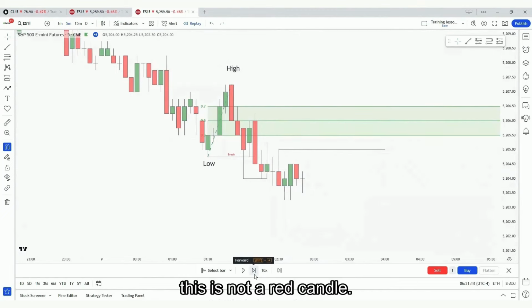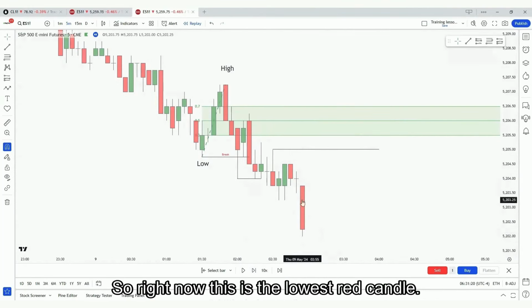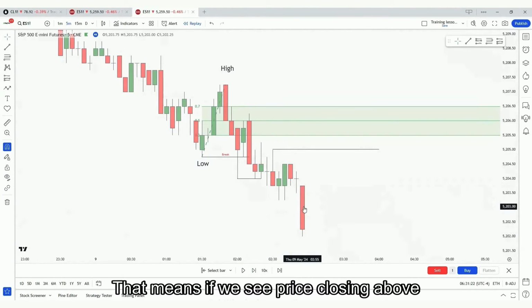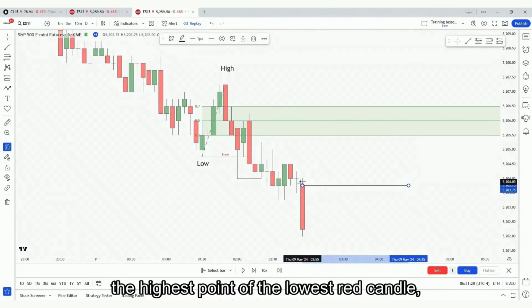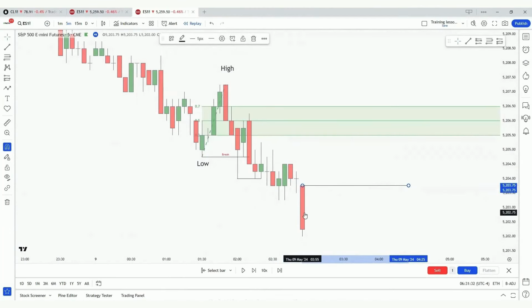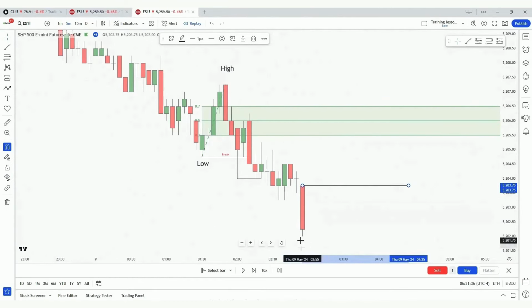This is not a red candle. And there we go. We have a new lower red candle. So right now this is the lowest red candle. That means if we see price closing above the highest point of the lowest red candle, we have a valid retracement and a new lower low.